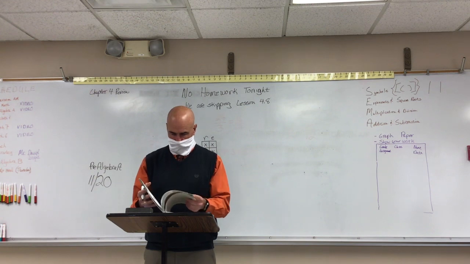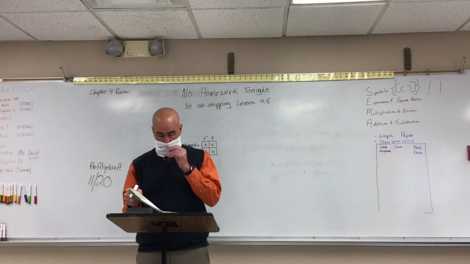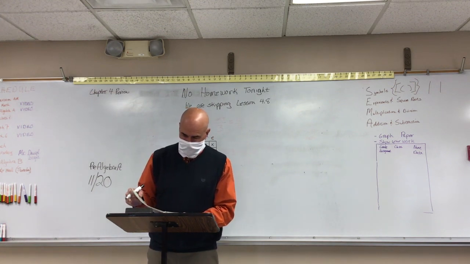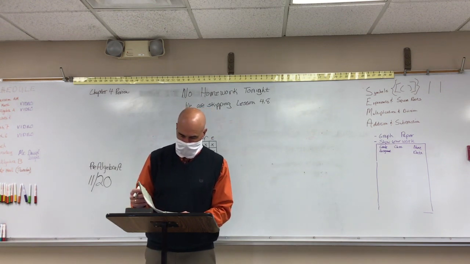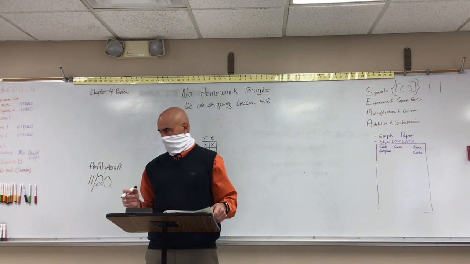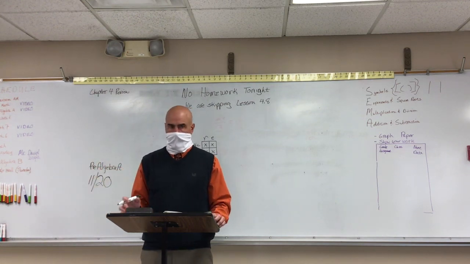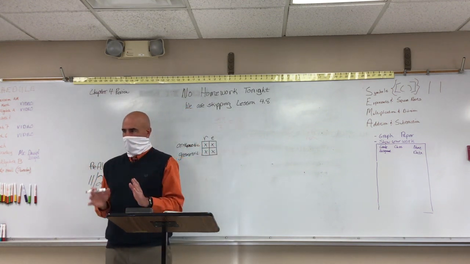But that explanation is correct. It is the greatest factor of two or more numbers, because you could have the greatest factor of three different numbers, for example, right? The greatest common factor is the largest number that is a factor of all the given numbers. So it could be two numbers, it could be three numbers, right?